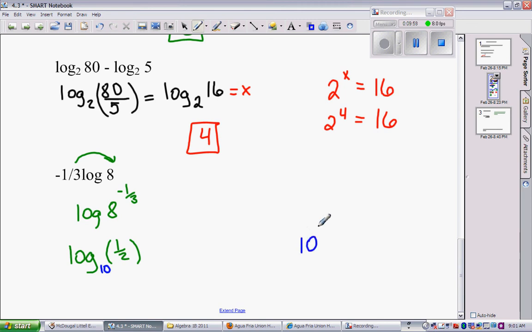So 10 to what power gives you 1/2? This is where the calculator comes into play. We can plug this in. Log of 1/2 is negative 0.301.